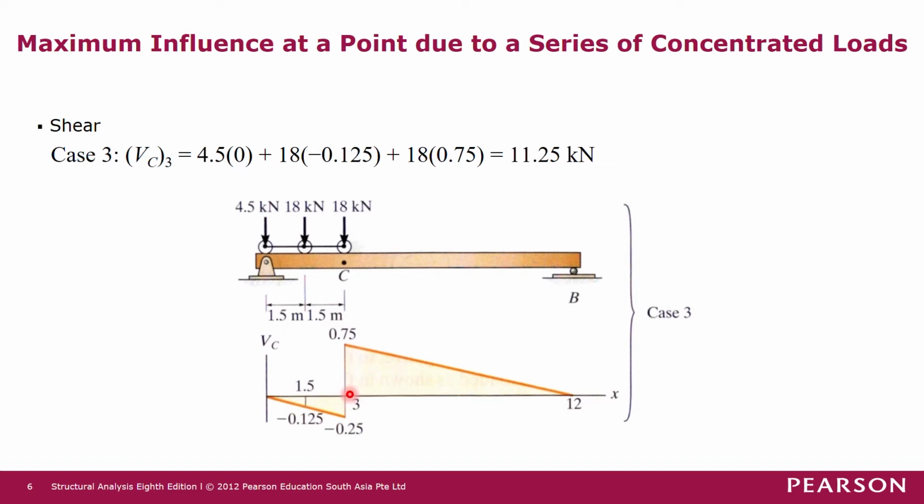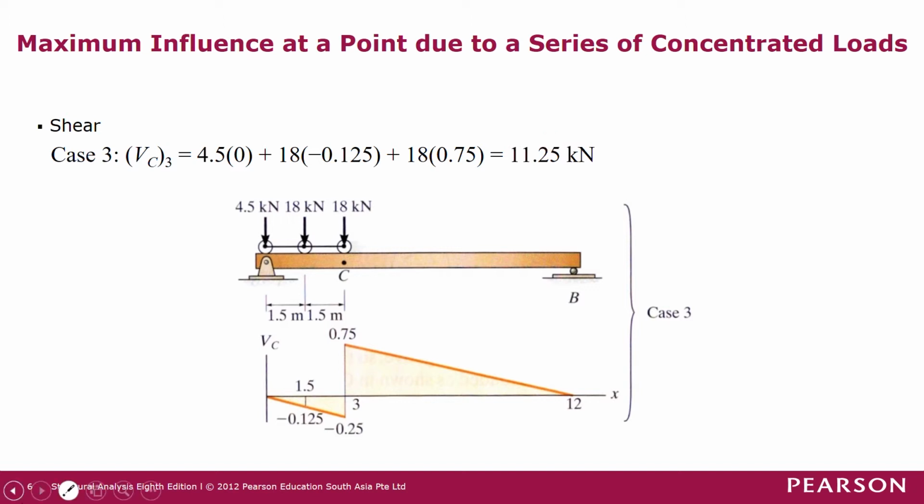We multiply each respective force by the respective ordinate on the influence line, and we get the effect of all these forces on the shear at point C. For the third case, the shear force at C is 11.25 kilonewton.